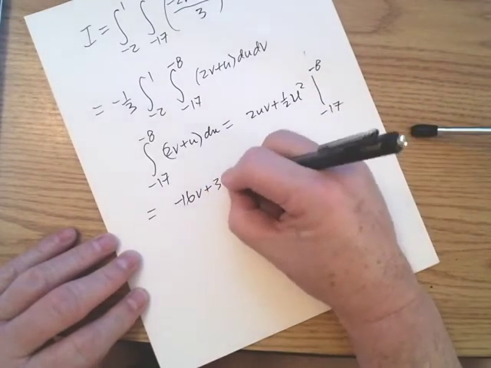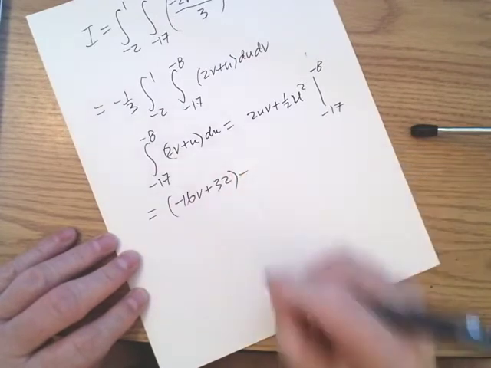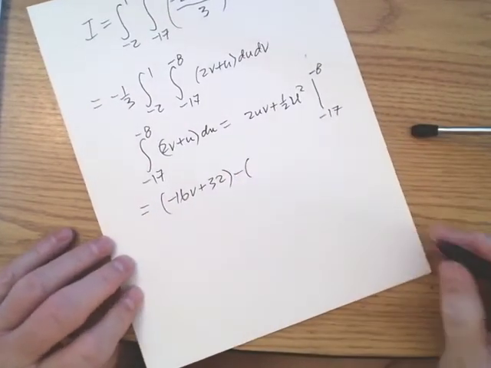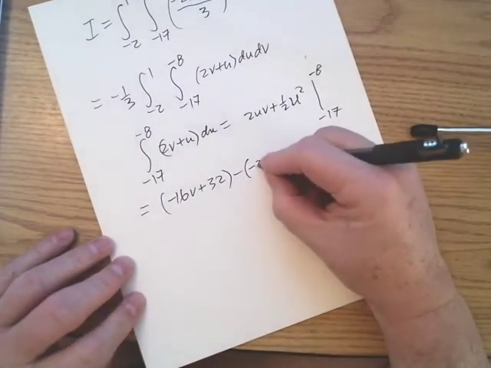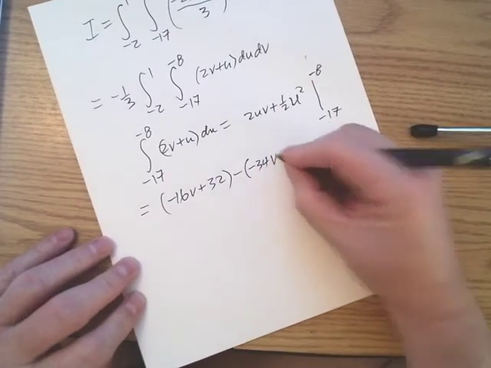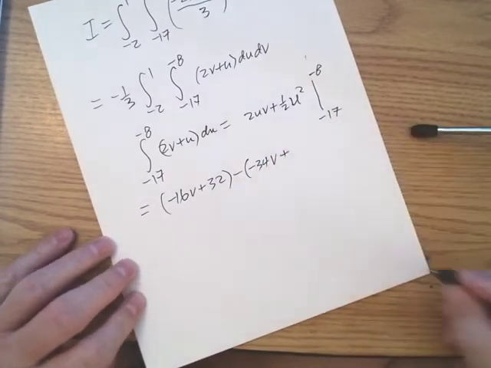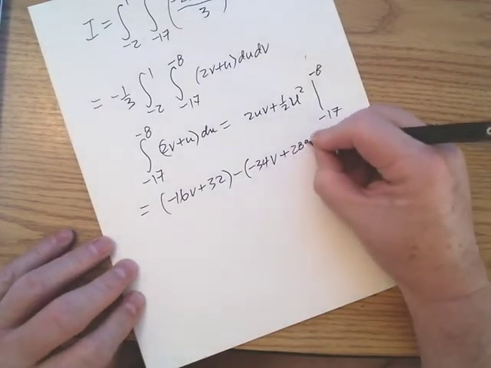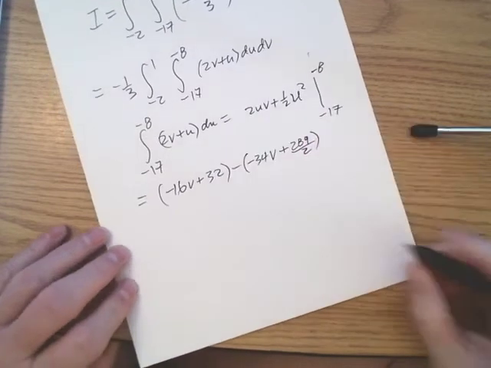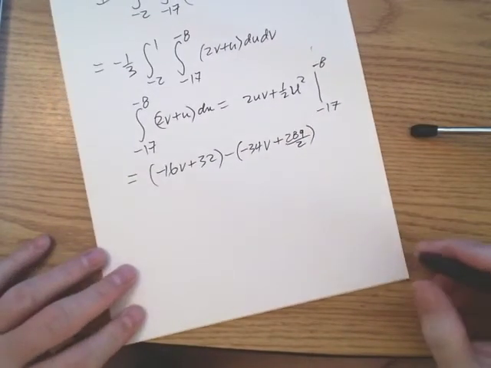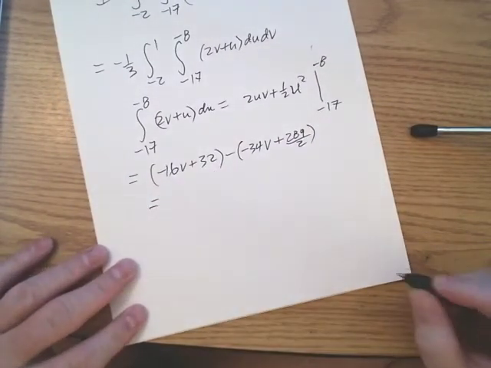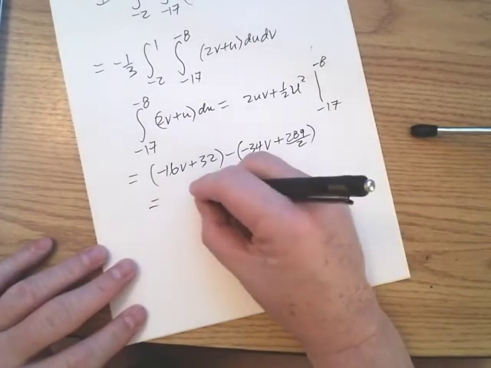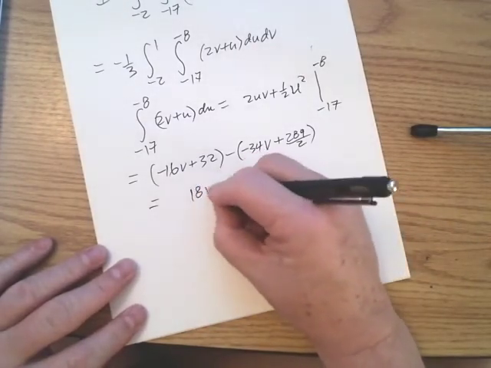So that would be 32, I think, when we evaluate that. Okay. Negative 17, so that would be negative 34v. Okay. What's 17 squared? Isn't that 289? 289 over 2? Yeah, that's not so pretty. Okay. Well, let's see. 34 minus 16 would be 18.